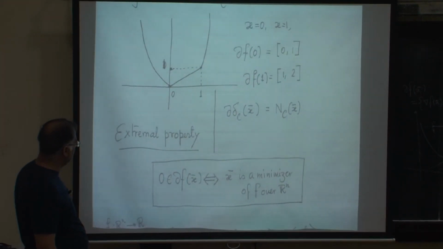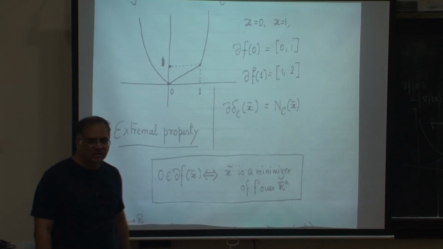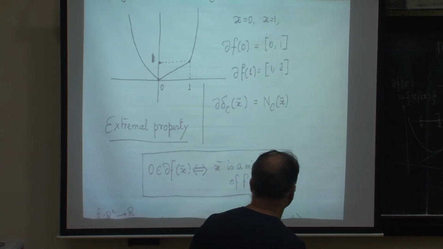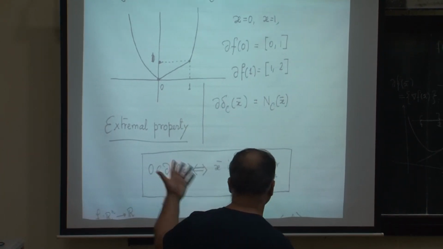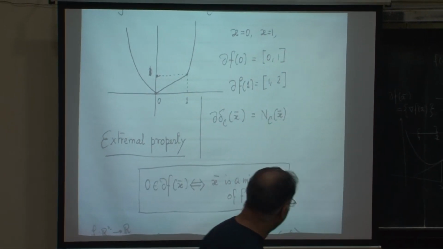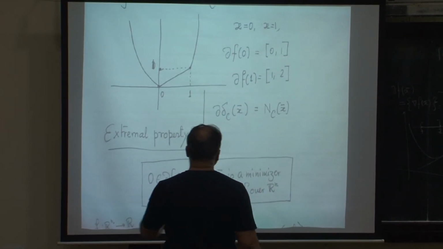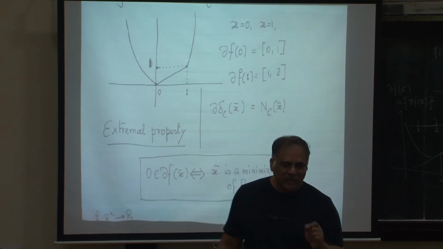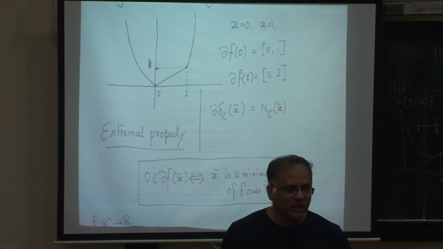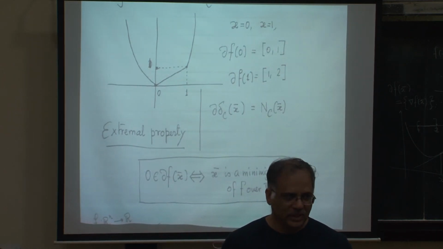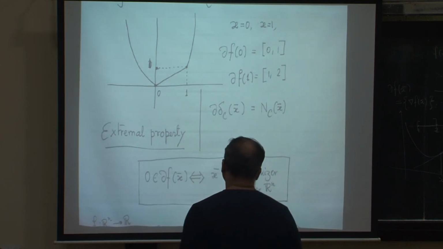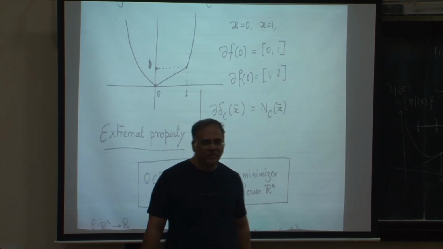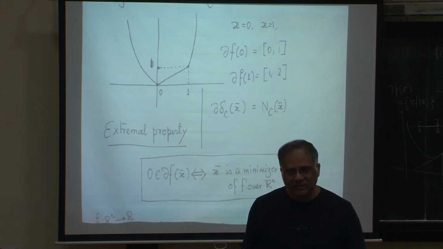Now, this is a property which we have just discussed: if x bar is a minimizer of f over Rn, assuming that the function is from Rn to R for the moment, then 0 is an element of the subdifferential. Of course, this holds even if you take Rn to R union infinity, because if x bar is a minimizing point, f x bar cannot have plus infinity value, otherwise it is not a minimizer. At the minimizing point it must have a subdifferential.